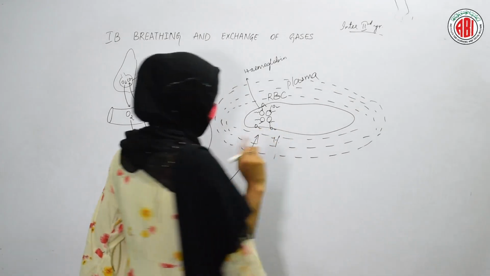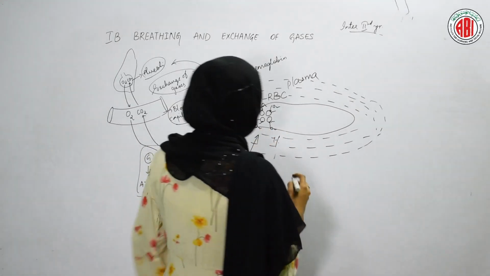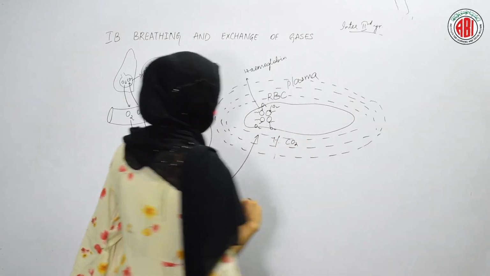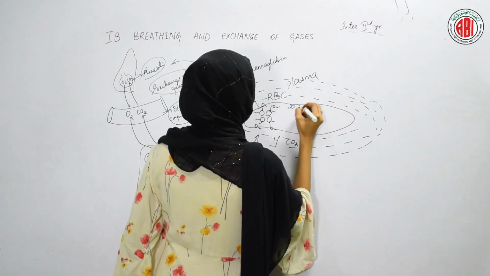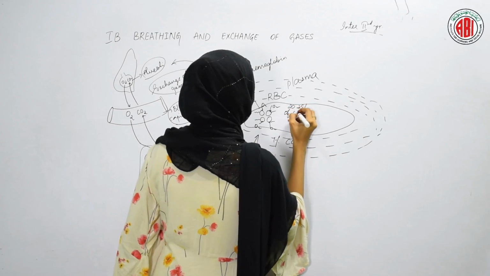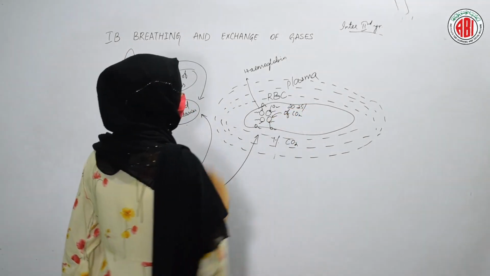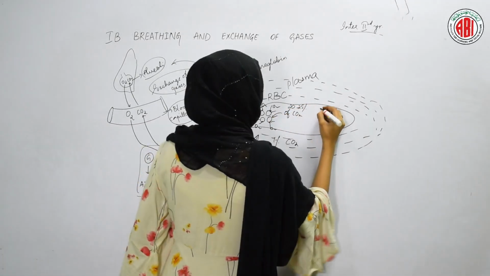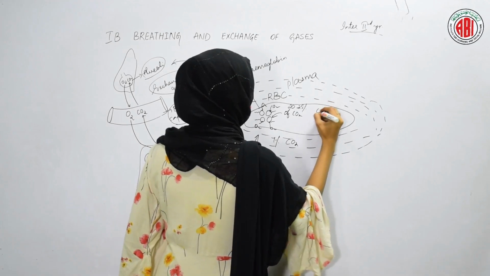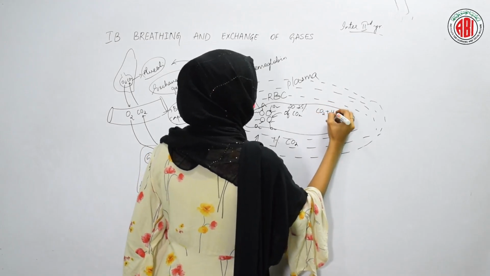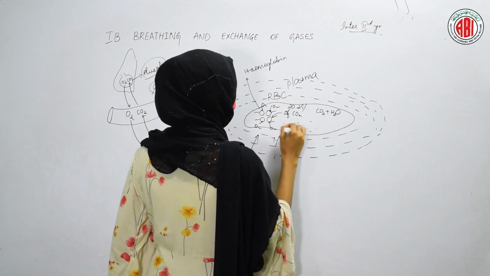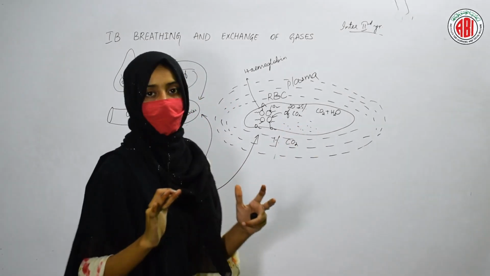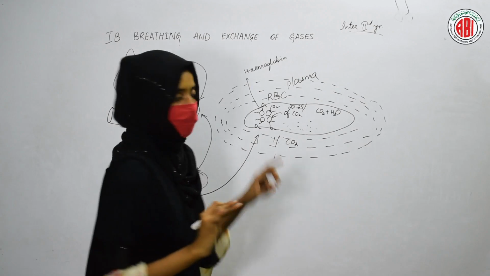Out of 100% of carbon dioxide, 7% is dissolved in plasma, and 20 to 25% of carbon dioxide binds to the hemoglobin, whereas 70% of the carbon dioxide reacts with the water which is present in the cytoplasm of the cell. We all know that all the cells show some watery liquid, and that is cytoplasm.